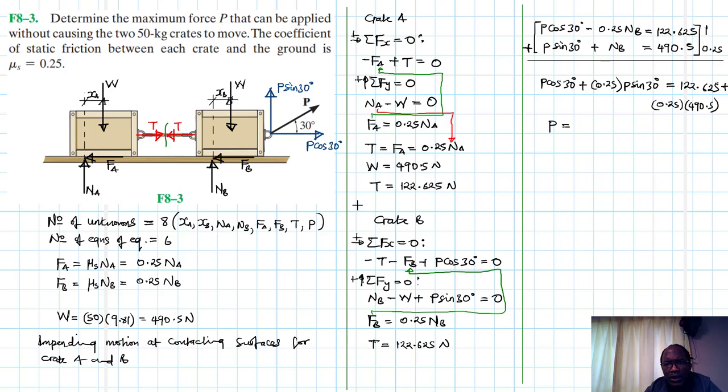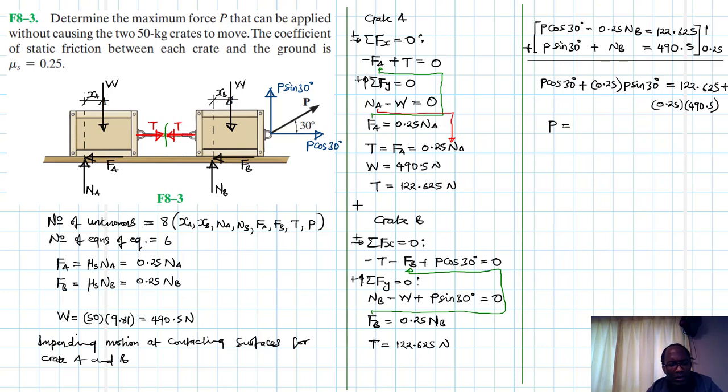You can work it out, right? So 122.625 plus 0.25 times 490.5 divided by cos 30 plus sine 30 is 0.5 by 0.25, like so.